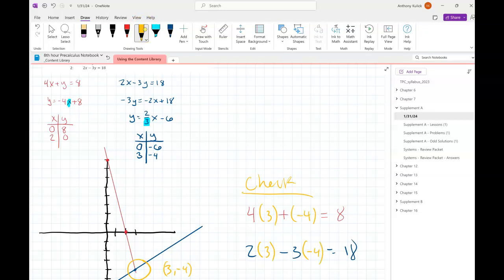So 4 times 3 is, and then plus a negative 4 is. That one works, right? 2 times 3 is, and then minus 3 times negative 4 is 12. Yeah. Okay, so that checks out.